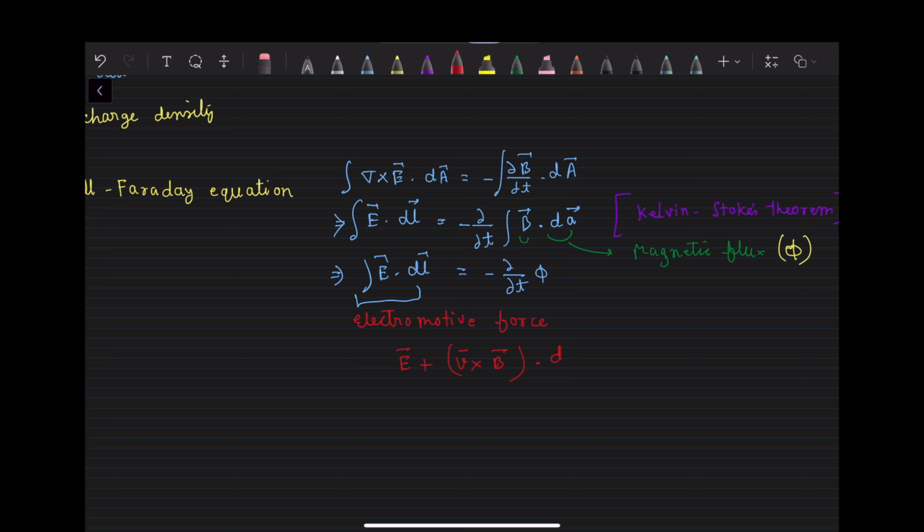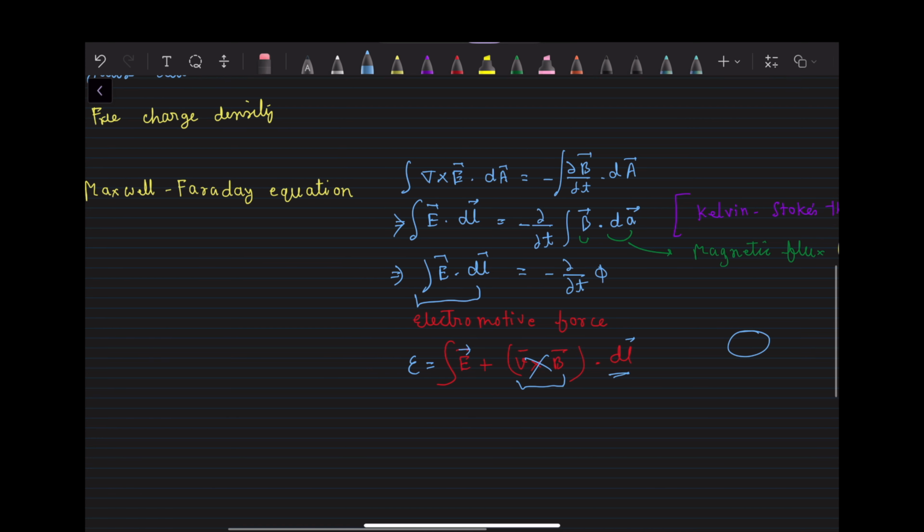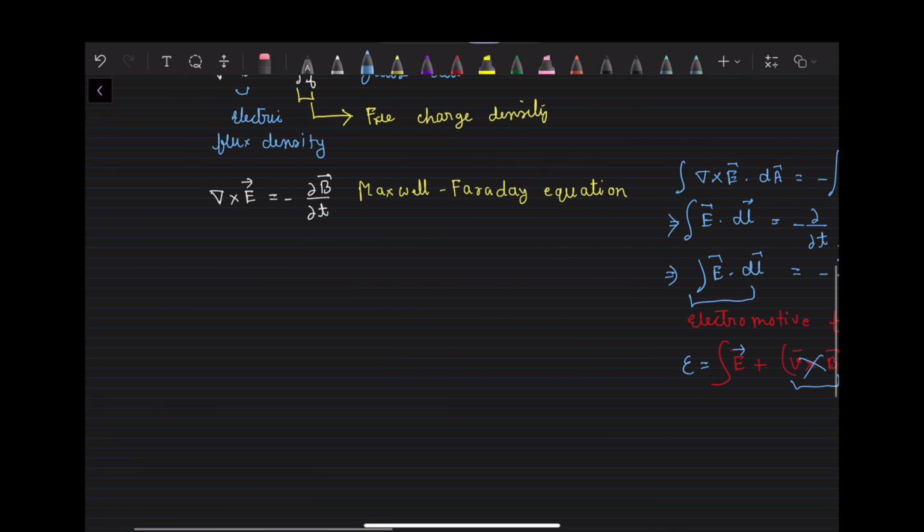But when we take this integral, for a thin wire, this is out of plane and this is on the plane, so this part cancels out and we only have the integration of electric field over length. So basically we get the electromotive force from the Maxwell-Faraday equation. We are not really discussing that, but I just wanted to recap it.